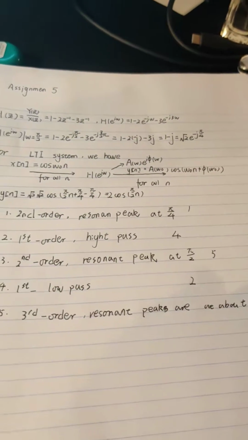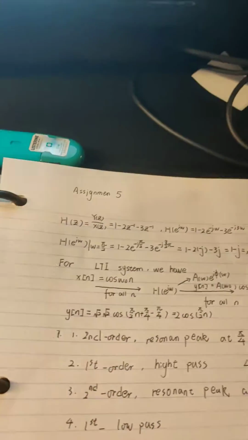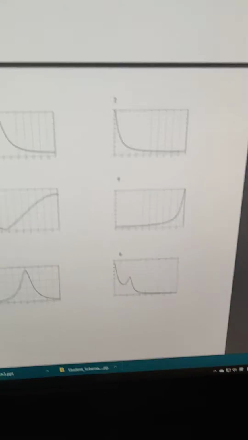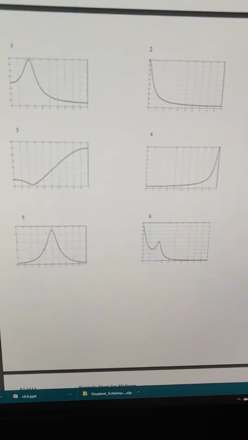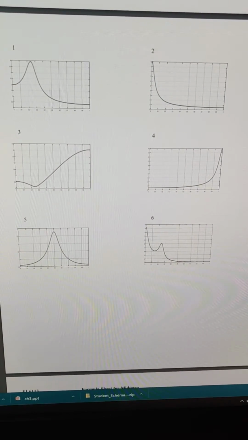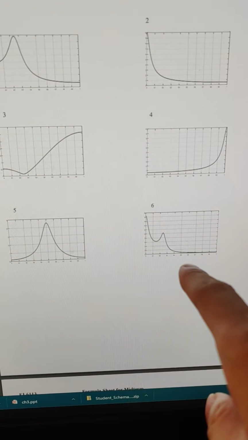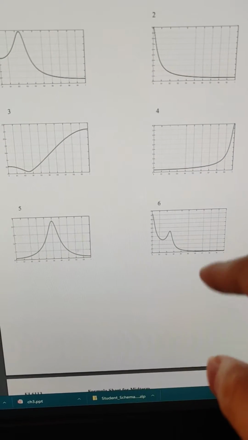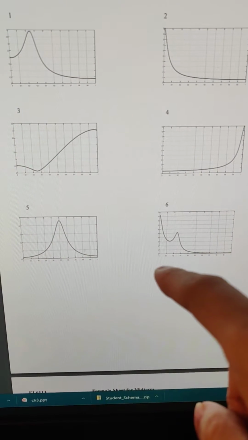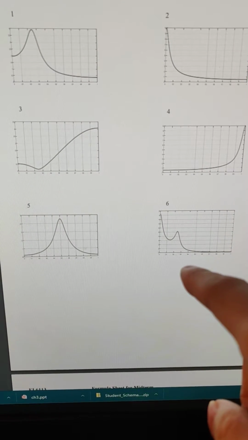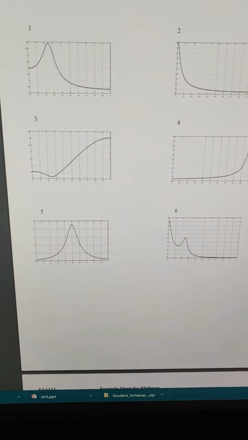So we have two resonant peaks. So let's look at the frequency response. That will definitely be diagram 6, because only 6 has two resonant peaks, and one is at 0 and one is at pi over 2.